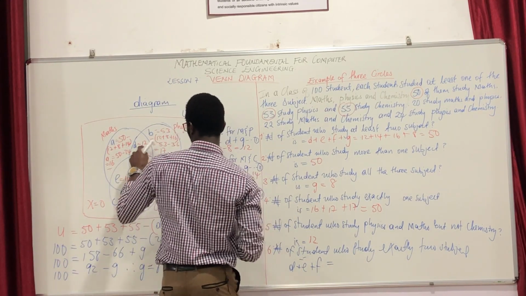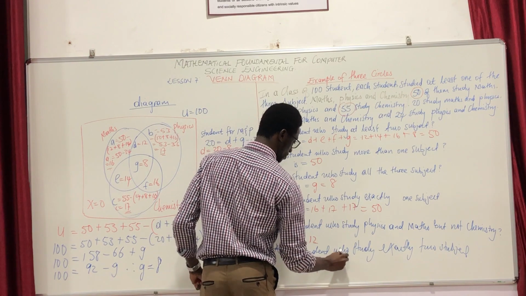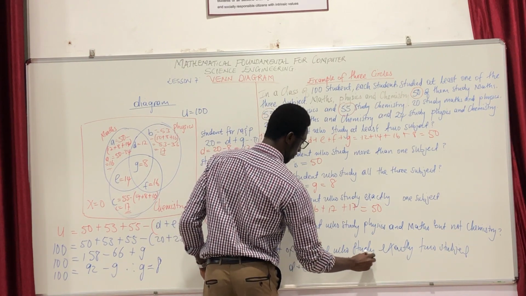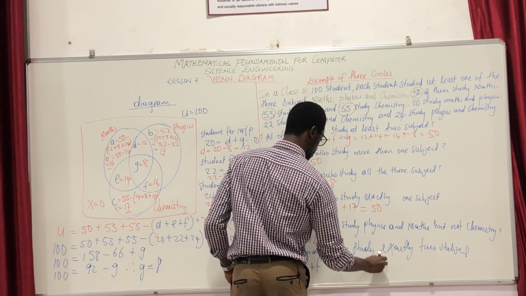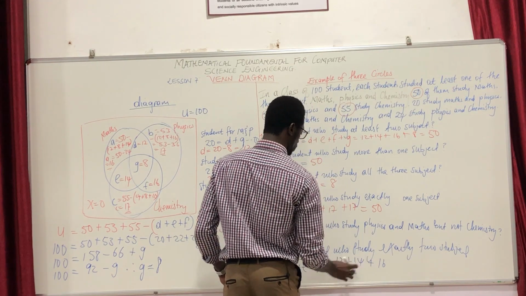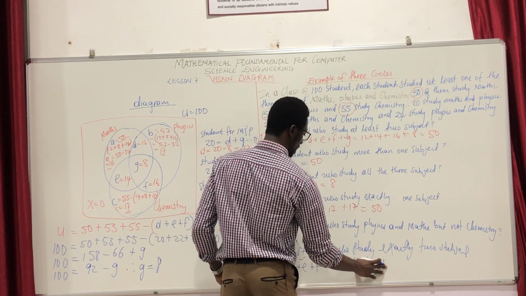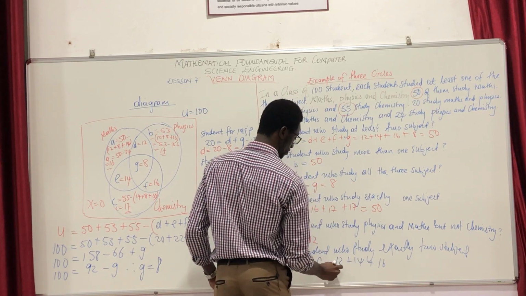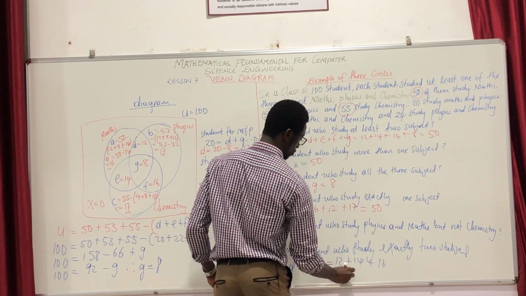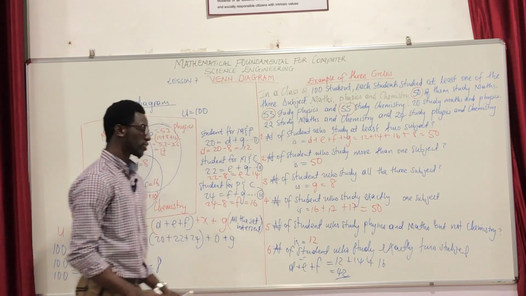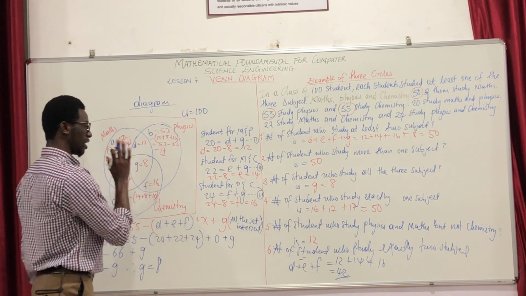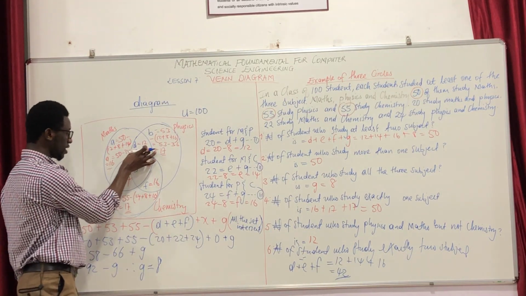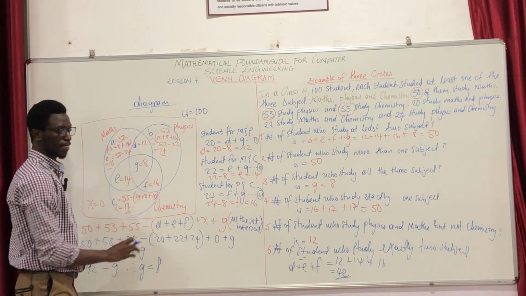You can just add 12 plus 14 plus 16. So we add these, which is 42. So 42 students study exactly 2 subjects. Here D, E, and F.